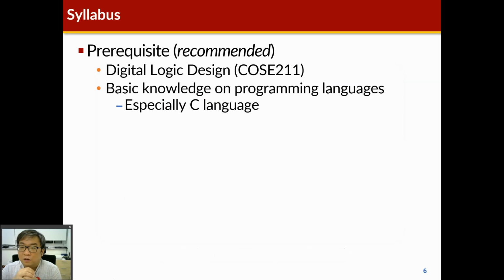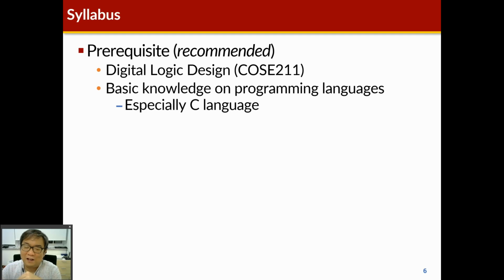Okay, this is the prerequisite of this course. This is just a recommendation. The prerequisite of this course is digital logic design, COSE211. Also, you need to know the basics of a programming language such as C. I believe many students learned Python because Python is an easy programming language, but the C language is closer to the machine language.